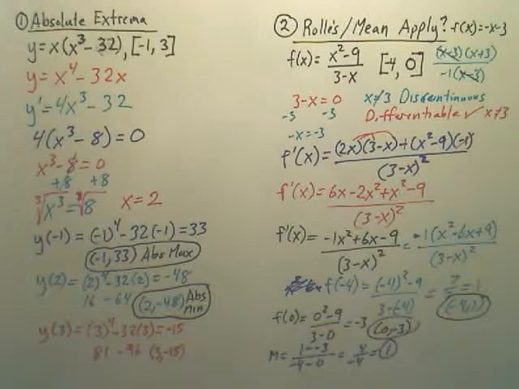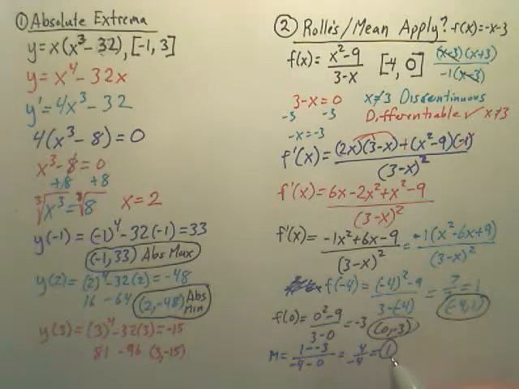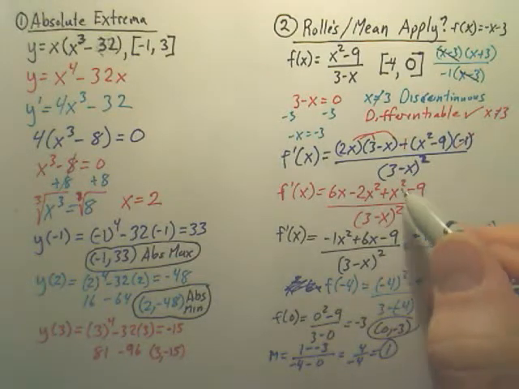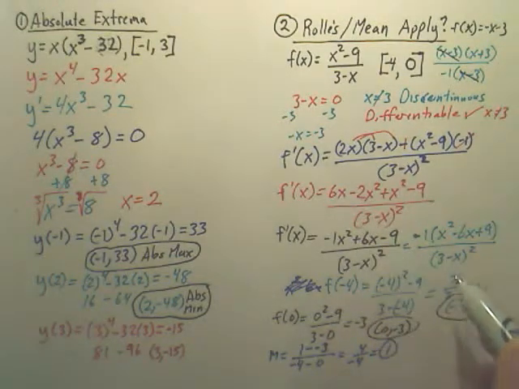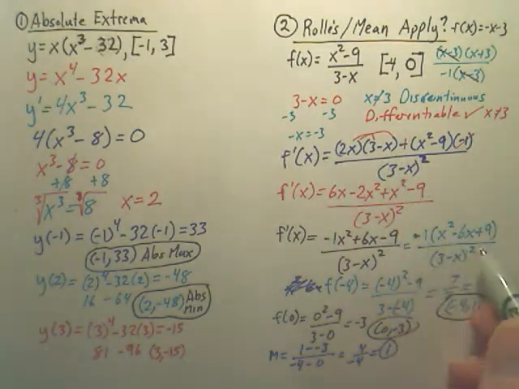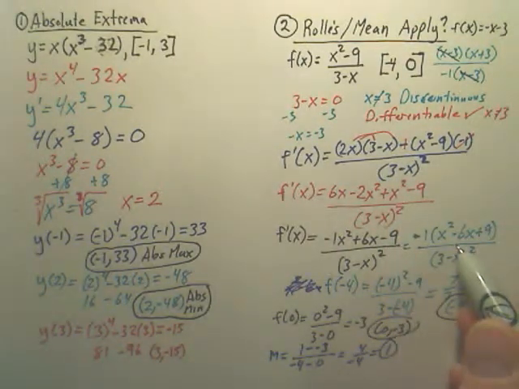I'm running out of space rather rapidly because I went the long way. Aren't I going to set the derivative equal to the slope now and solve it? I did all the simplification for no reason, really. But look how ugly this is. When I set this equal to the slope, do you picture this is going to be a big pain to solve?